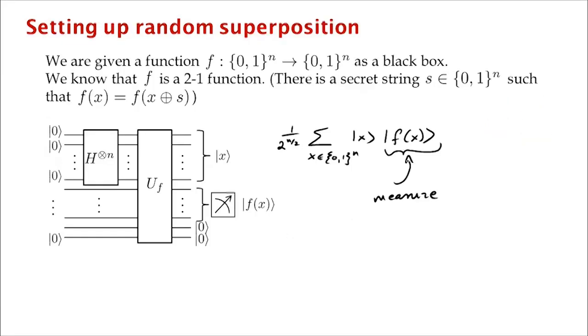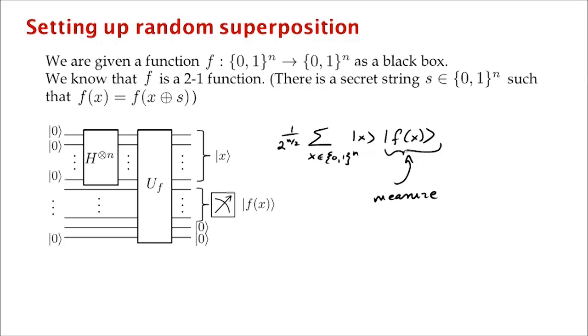So that's the main principle. When we do a measurement here, we'll end up seeing a superposition. We'll pick out a random value x as well as x plus s, because for both of those values, x and x plus s, we'll see the same value of f of x.